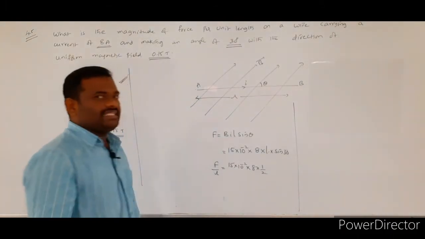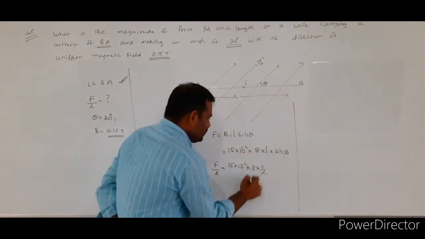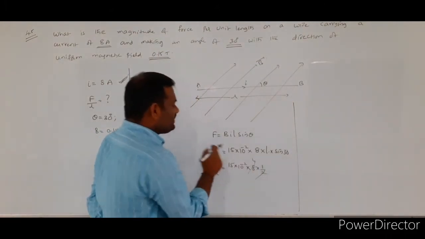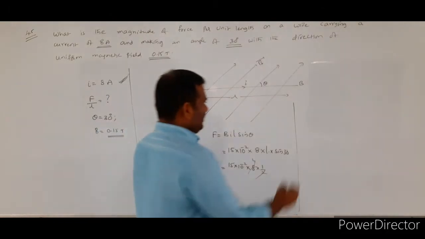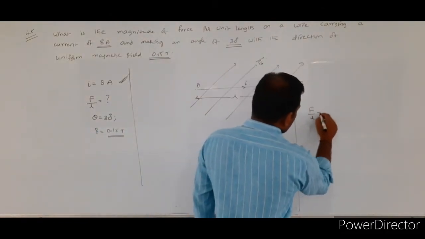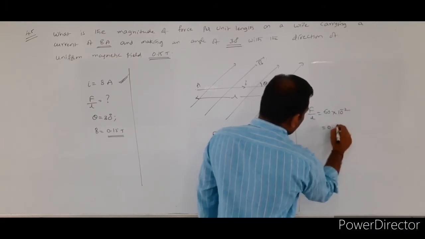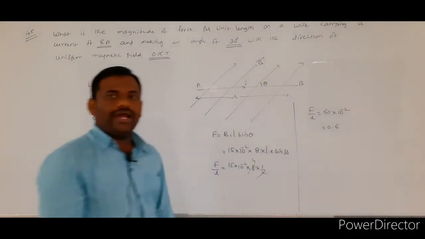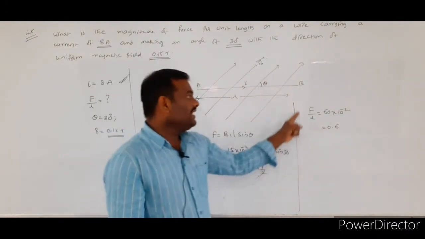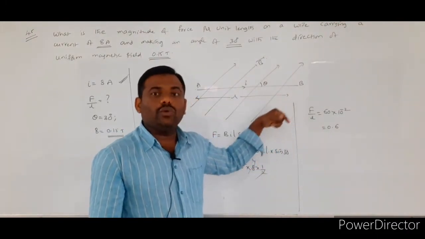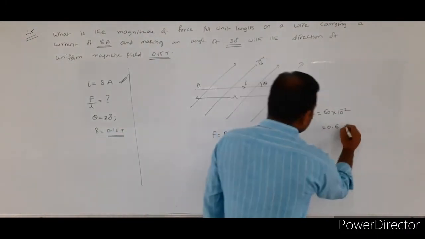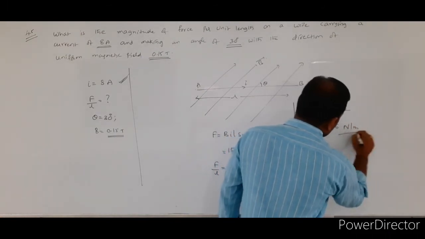If you simplify this, 2 4s are 8, 15 into 4 is 60. So F by L is equal to 60 into 10 power minus 2, that value is equal to 0.6. Here it is the force per unit length, so the SI unit becomes Newton per meter.